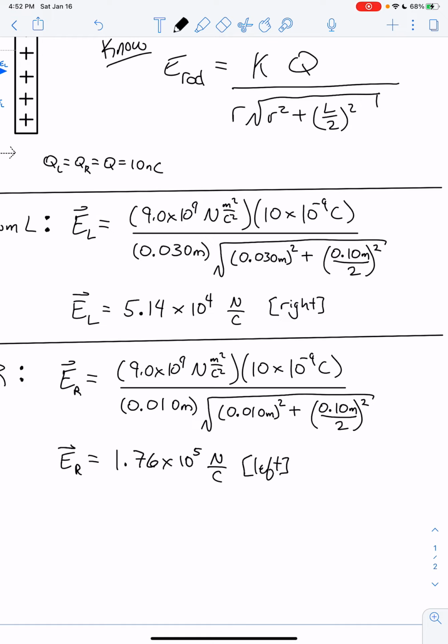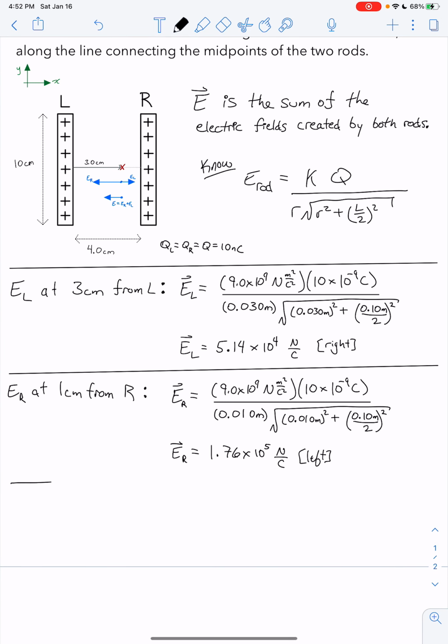Now we want to add these two together to get the overall electric field. The electric field is equal to E_L plus E_R. We could remember they're in opposite directions, but let's just go with the pluses and minuses for the purposes of adding.